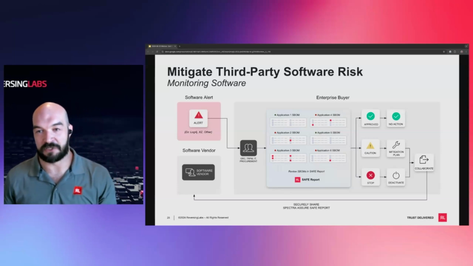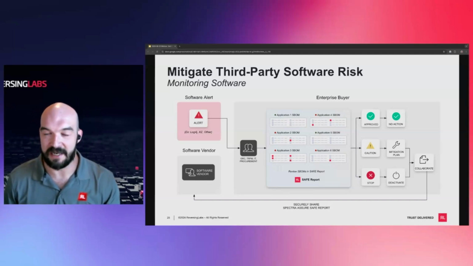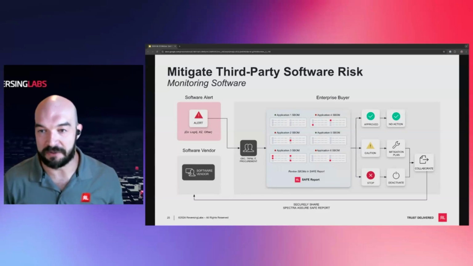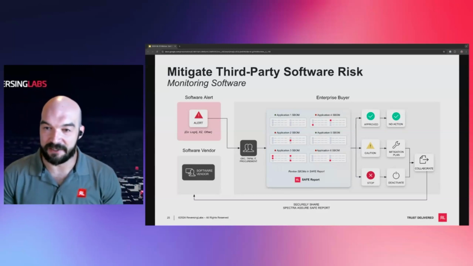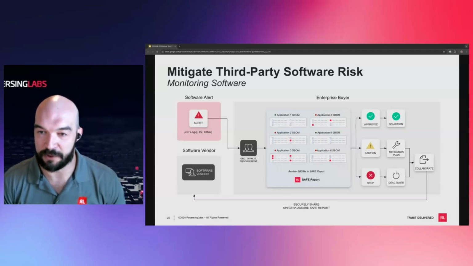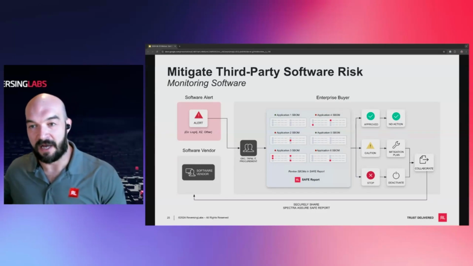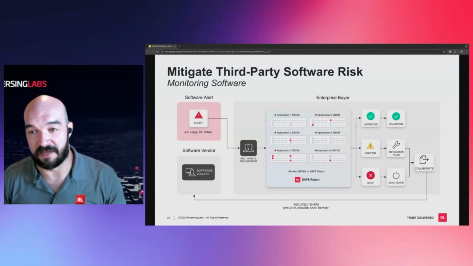So you want to have an understanding of if there is a new log4j, if there is a new XZ, that you want to be able to answer that fundamental question of, am I exposed? Well, the SAFE report, not just being a comprehensive software risk assessment, also has a queryable SBOM within which you can query a specific software component to see if there's a level of exposure that is relevant to your business.